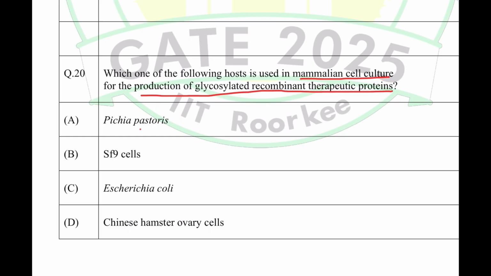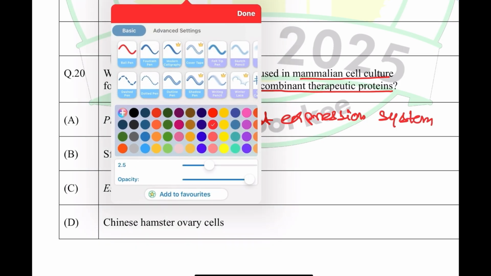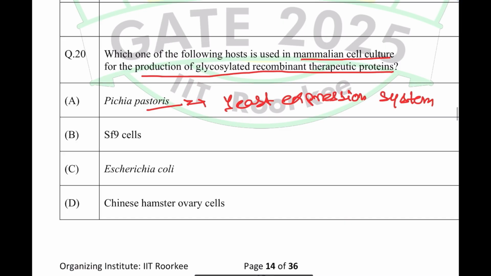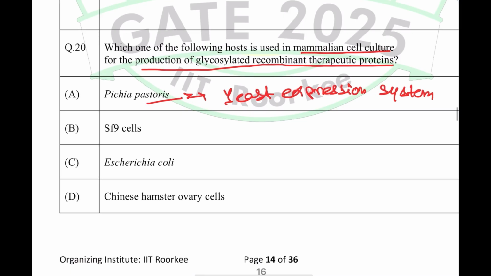Pichia pastoris is a yeast expression system, and Sf9 is an insect cell line, and E. coli is a bacterial system, and Chinese hamster ovary is a mammalian host system that provides proper protein folding, disulfide bond formation, and human-like glycosylation.